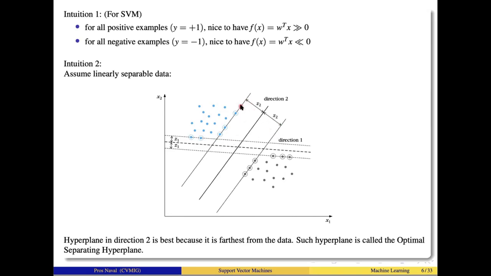So you'd want to get the second direction, which will maximize z2. So this intuition is basically doing that. You want this gap to be as maximum as possible. So the hyperplane in the second direction is best because it is farthest away from the data.